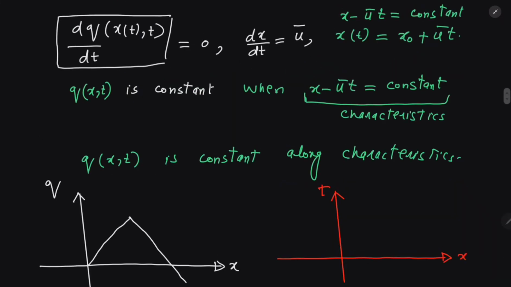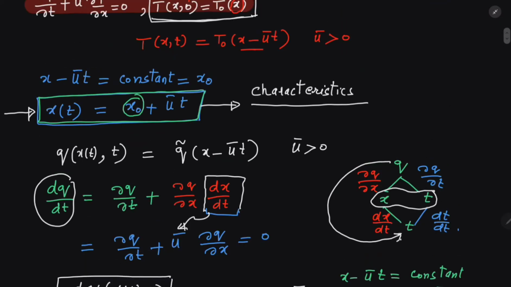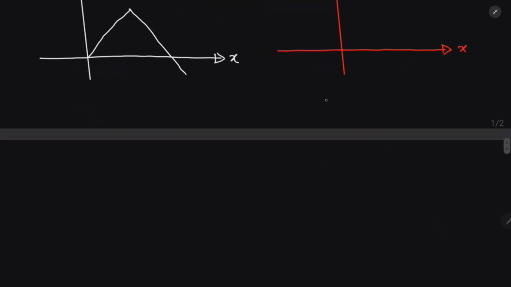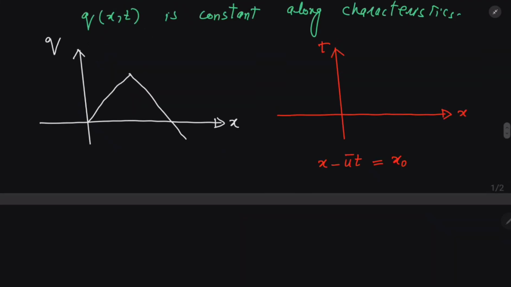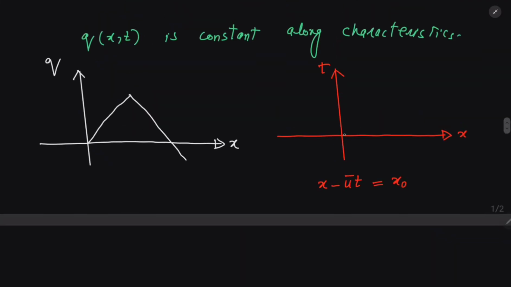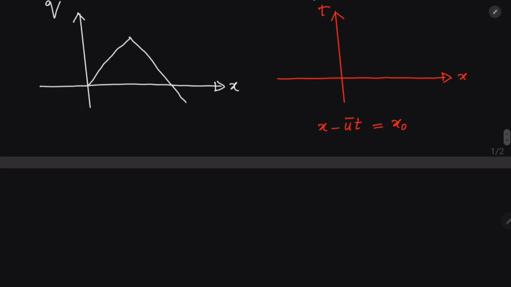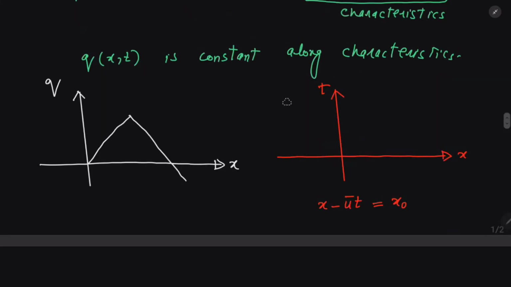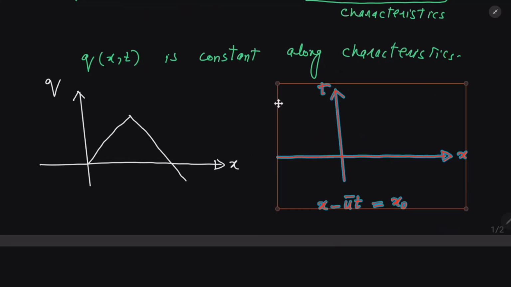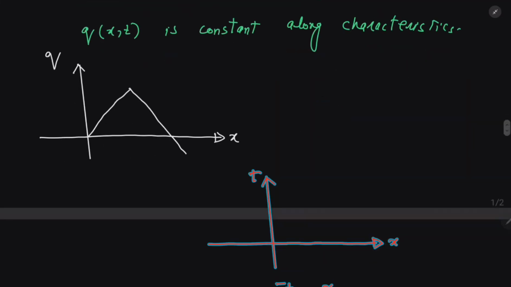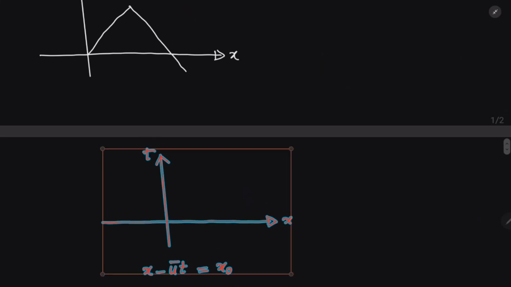And what was the equation of characteristics in this case? It was x minus u bar t. This quantity remains constant, and the constant was x naught. For any x naught, let me just talk about that, since this is a bit of a difficult topic and not many people understand it from the books.